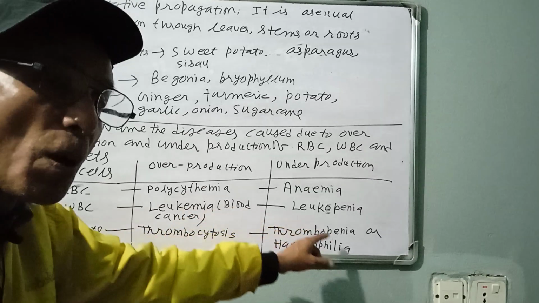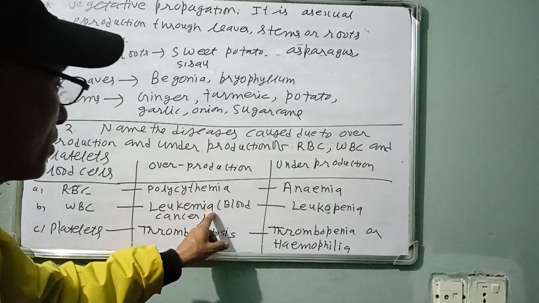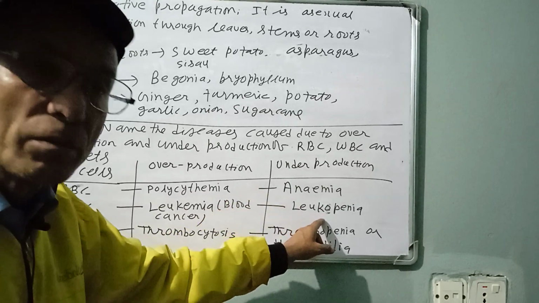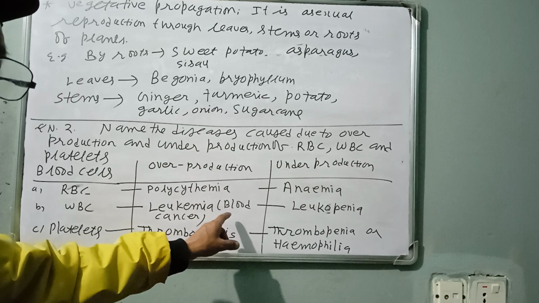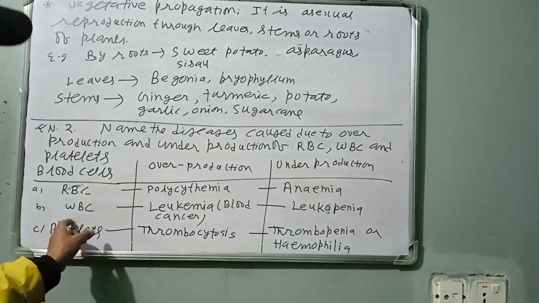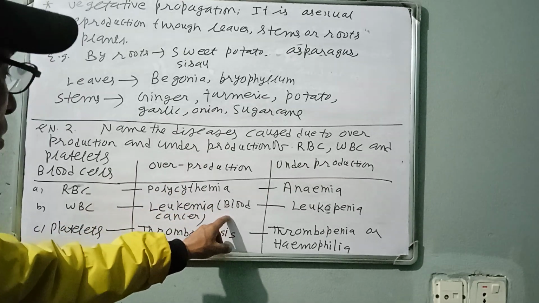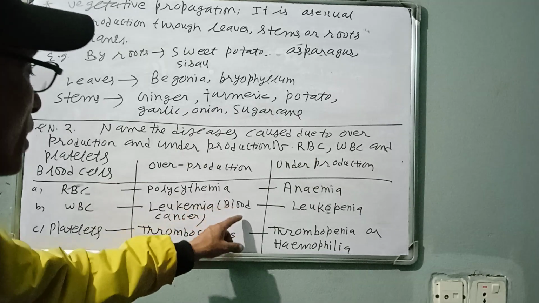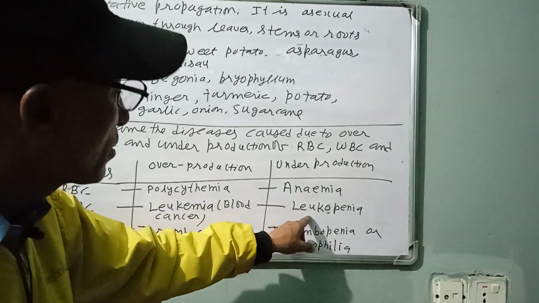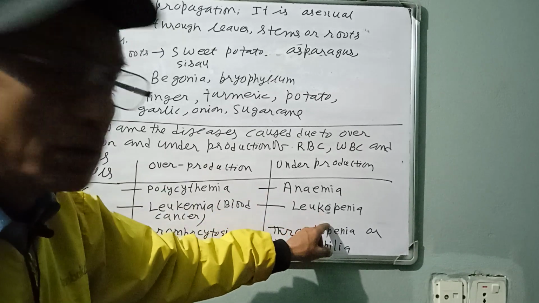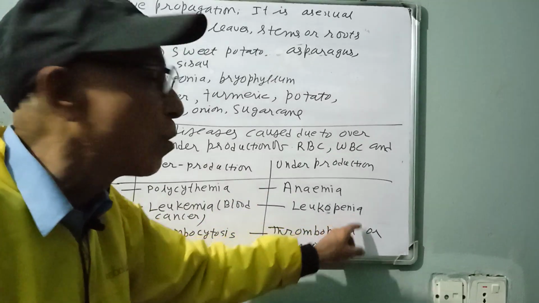Underproduction is also very bad. If there is more production of WBC, the person suffers from leukemia or blood cancer. If he or she has a lower number of WBC, he or she suffers from leukopenia.